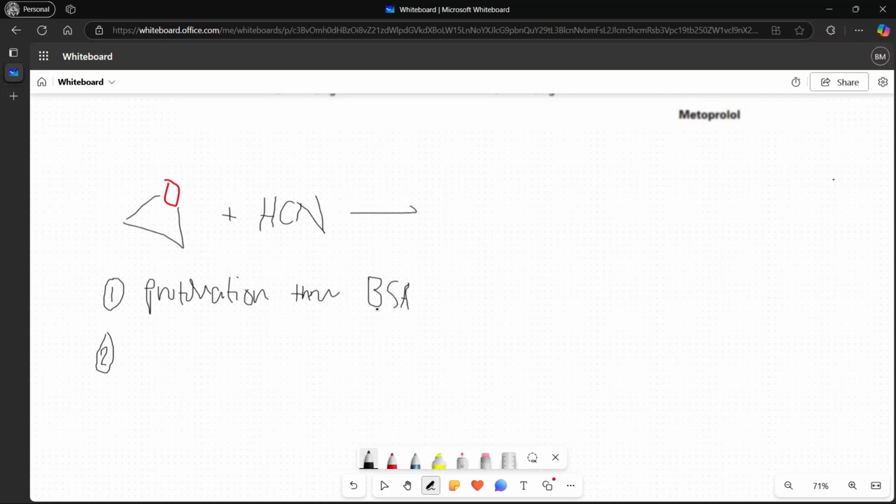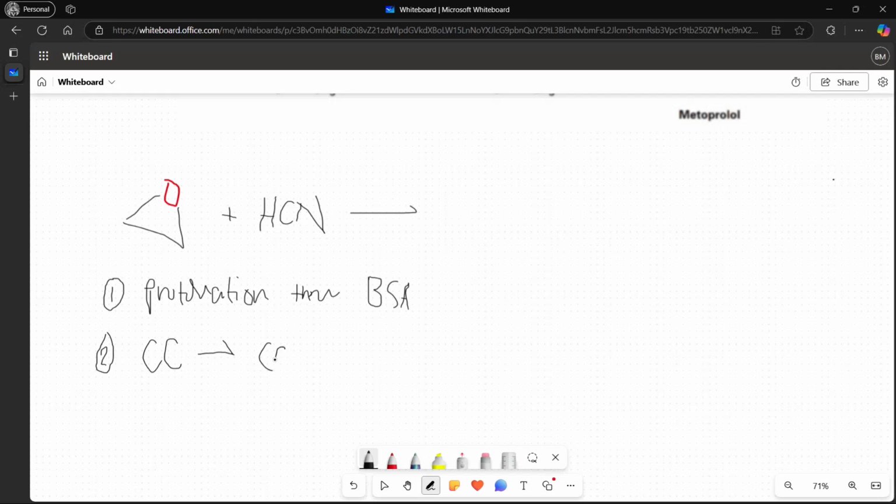And then lastly, what's going to happen next is that once this one is already protonated, the ring is going to open up, and this one is going to detach. Now, since there is a positive charge on this carbon that's going to cleave away, there's going to be a formation of a carbocation, and then your nucleophile is going to attach next.